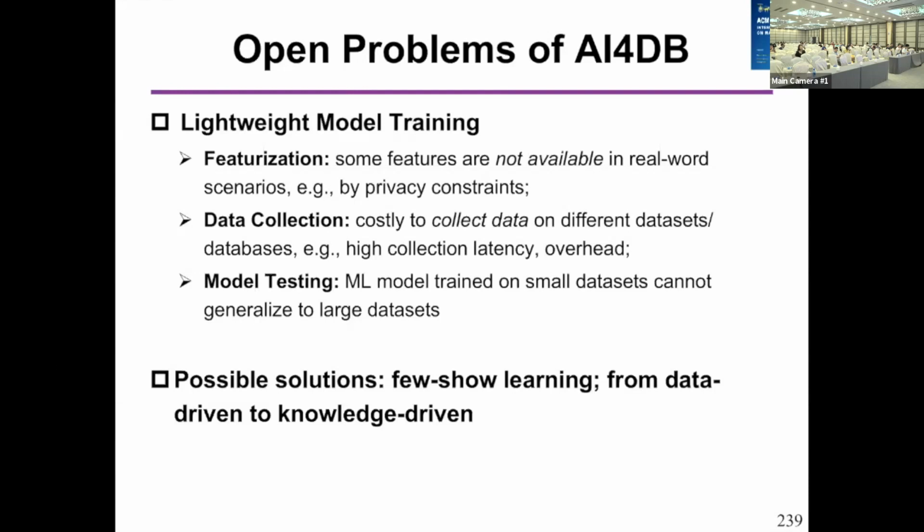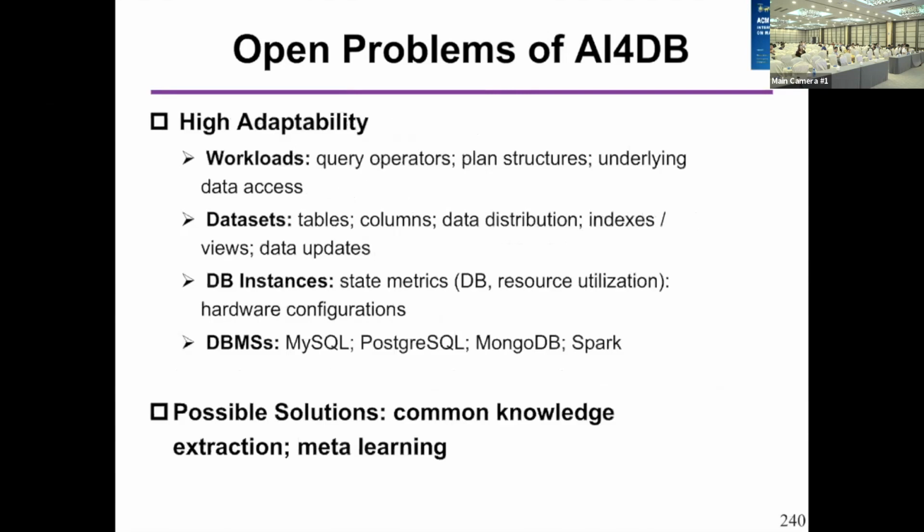And model testing. So how can we test whether the model can be applied to real scenarios? So we think it's very important to design some, for example, feature learning and some data-driven to knowledge-driven approaches. For example, can we use knowledge to help us to automate the database?